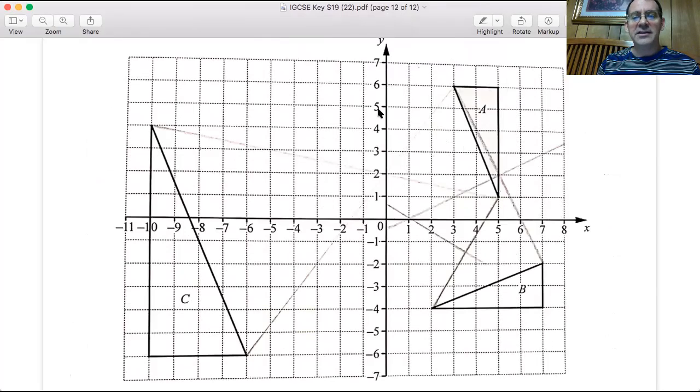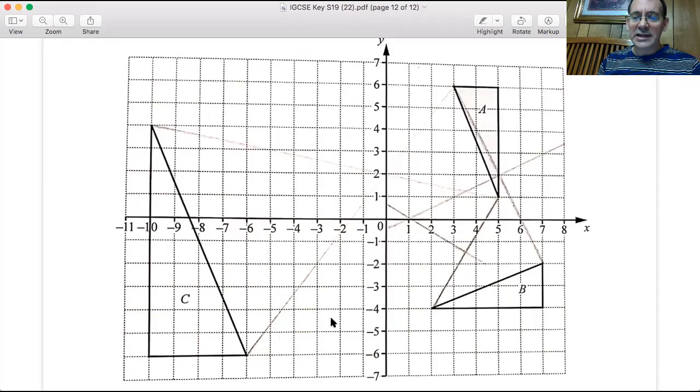It's a little faint here, but if you connect corresponding corners, this corner up here would go down to this one, and this pointy one here would go up to this one here. And because they crisscross, that means your scale factor is going to be negative. Okay, so this is going to be, first of all, an enlargement. That's the type of transformation.